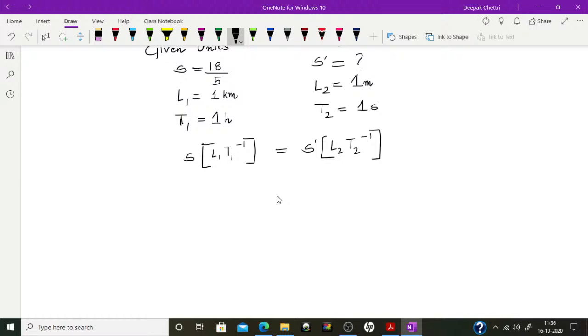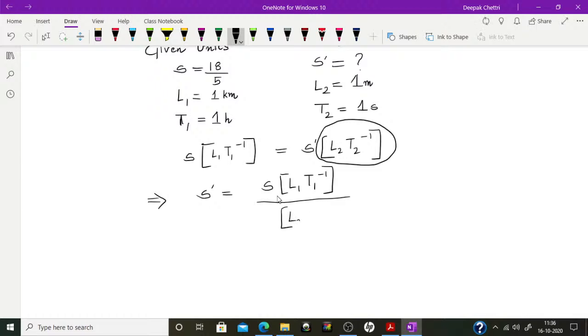So now let us put the values. We want to find S dash, so S dash will be equal to S L1 T1 minus 1, and this part will come down, because I am trying to find the value of S dash, so I am taking this to the left side, right? This is what we will get.